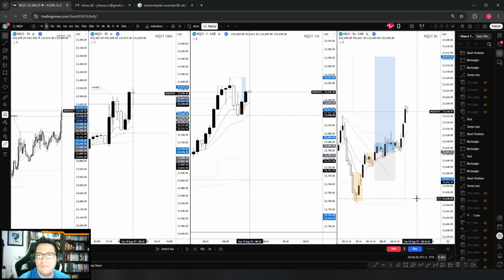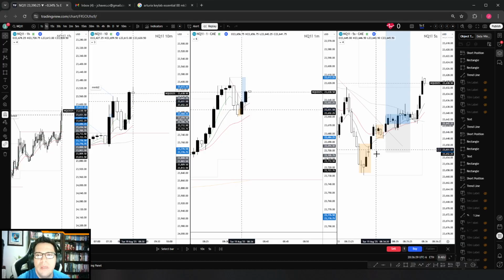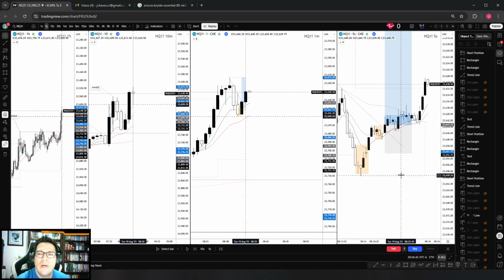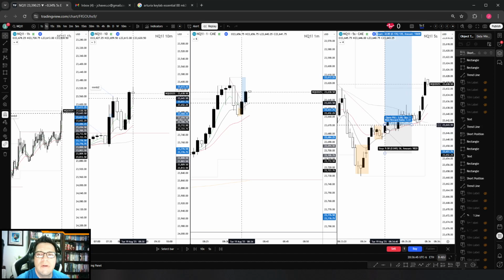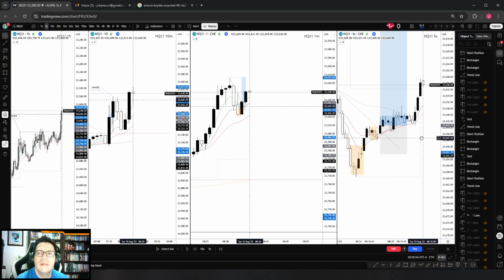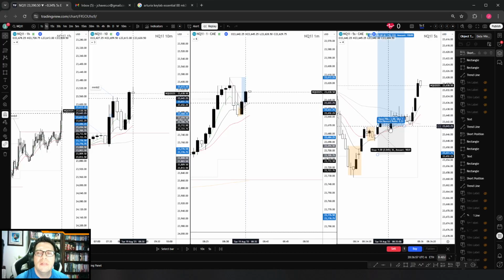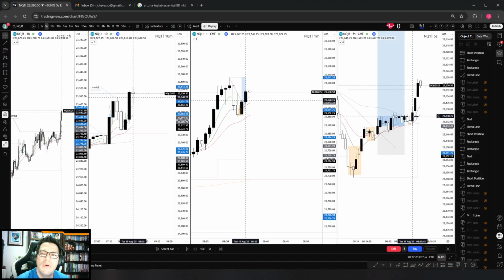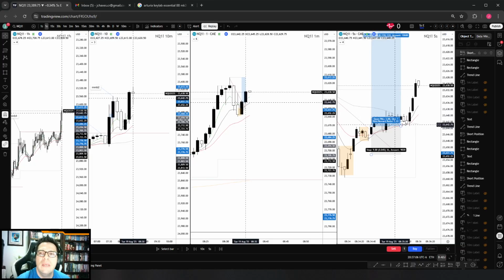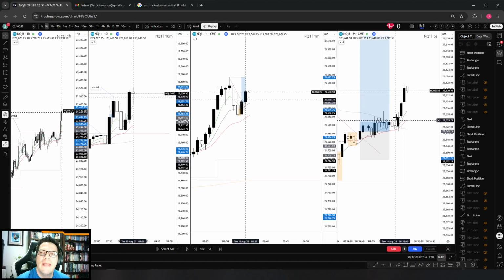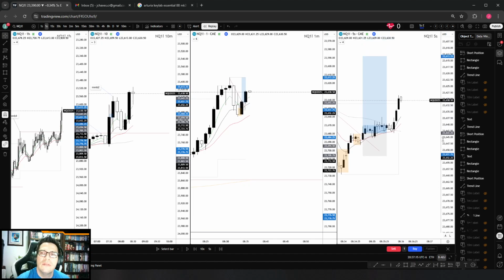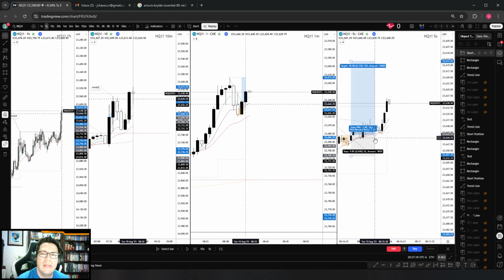So in this case, we got a tap in here, which was right above the containment line, and certainly above rising EMA, so it was valid. We got a tap in, then we saw price staying right above the entry point, then coming back a little bit under the entry point, and then going above, wicking here around entry price, and then at this point we saw a relevant move to the downside, in the direction that we expect.